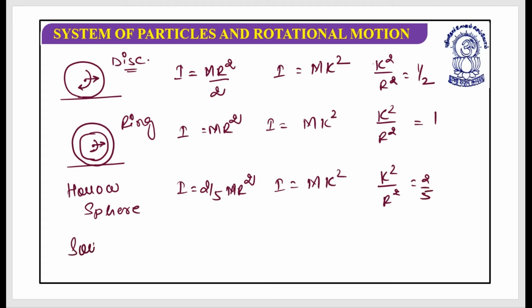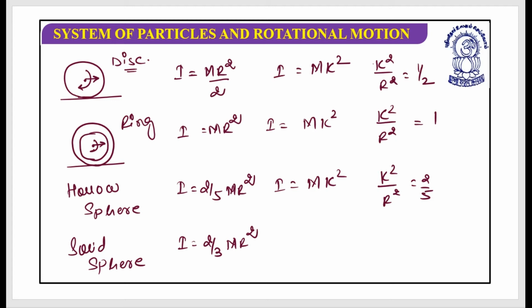Solid sphere, let's say: I equals 2 by 5 m r square. Yes, I'm talking about them rolling about their zz axis. But for spheres everything is zz because they are three-dimensional.